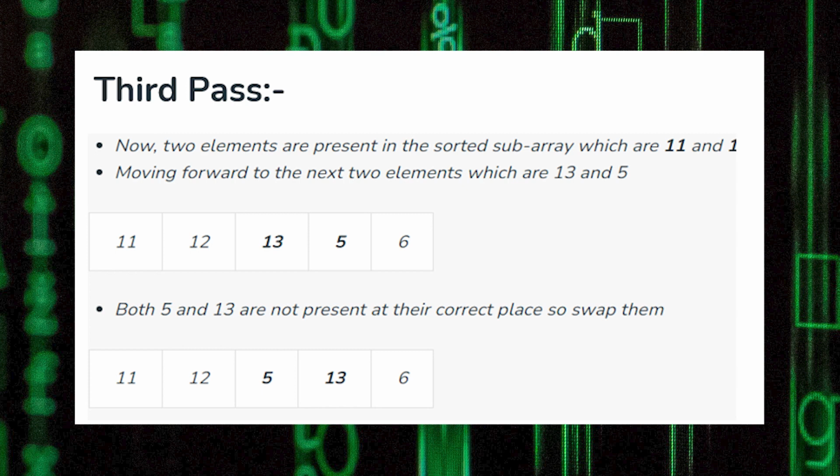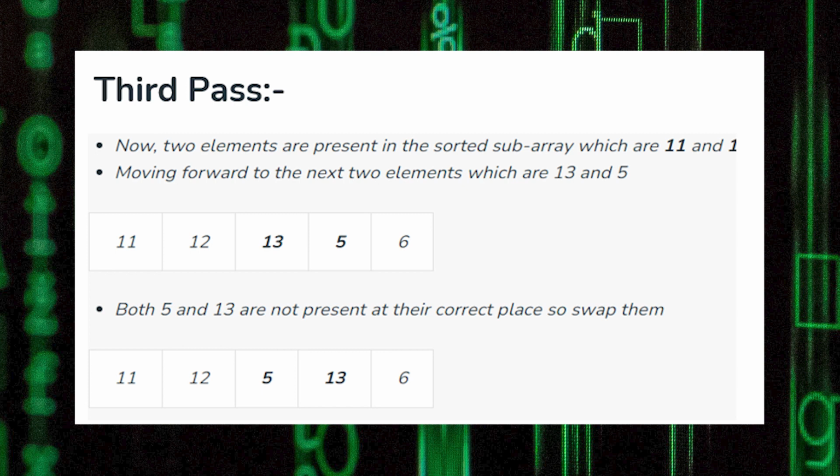After these 3 swappings, 5 will reach its appropriate position, that is the first location. Then 5, 11, 12 and 13 are elements of the sorted array. Now we have only one element left in the unsorted part, that is 6.